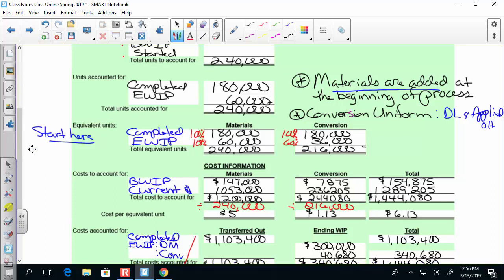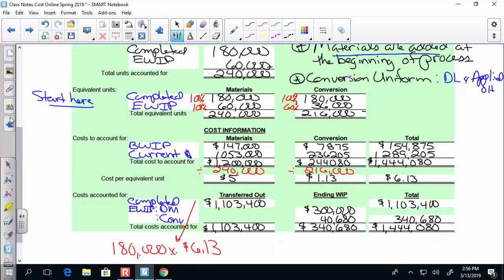Our completed units are the same, always 100%. And when we're doing our production reports, and I would like this in your group project also, have a percent column next to the input. So it's 100% for completed, and 100% for completed conversion as well. That's always the case.